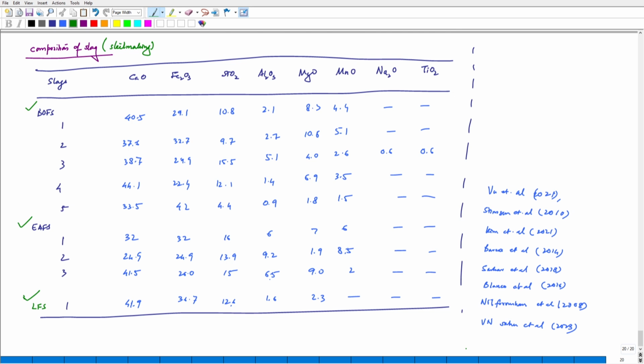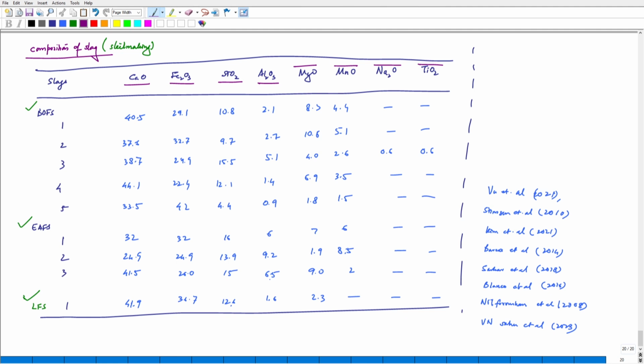Now we know that the chemical composition changes with the process. So we'll just discuss this. We see that in this case also, just like the iron making slag that we had discussed, we have CaO, Fe2O3, SiO2, Al2O3 as the major players, and MgO, MnO, Na2O, TiO2 are present in relatively very less quantities.